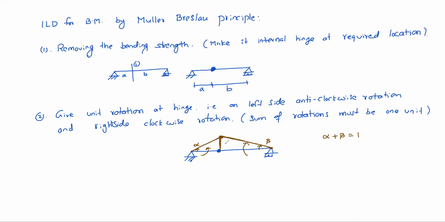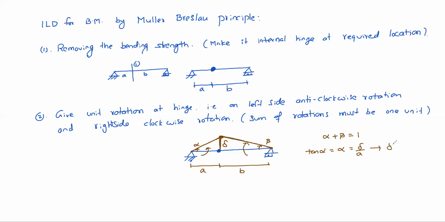Let us assume the central value is delta, with A and B the two lengths. As the angles are very small, tan alpha equals alpha, which is opposite side by adjacent side, that is delta by A.